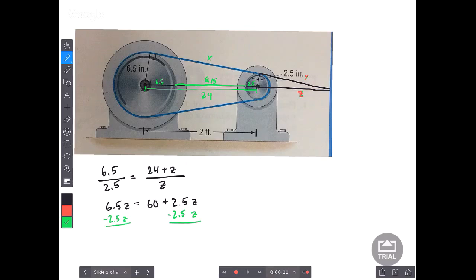Six minus 2 is 4. 3z equals 60. Z equals 20. So now I know this entire length is 44.